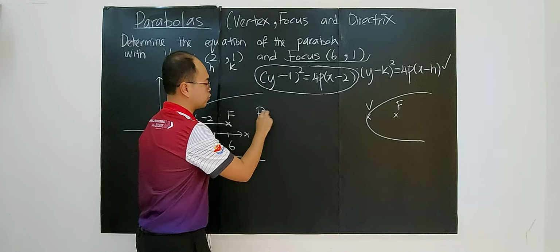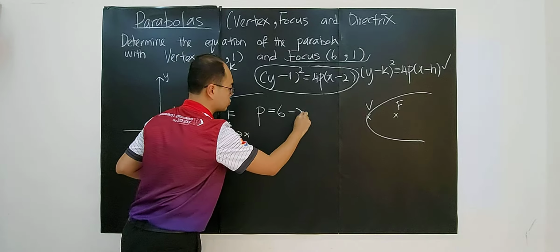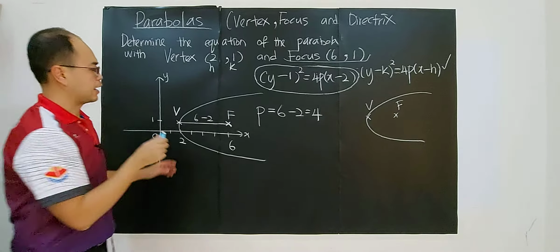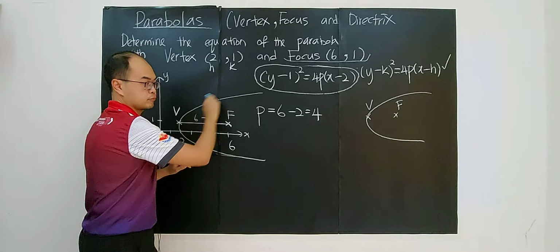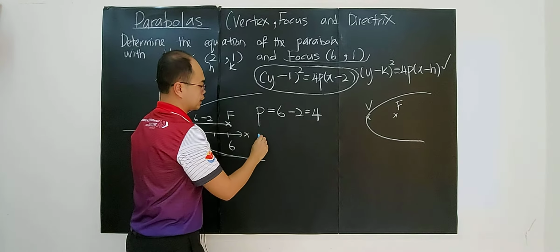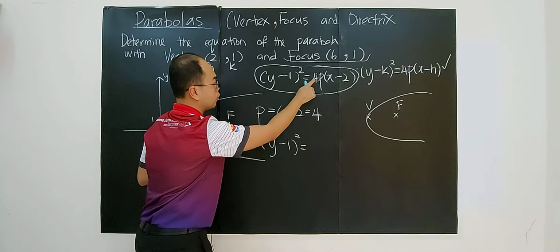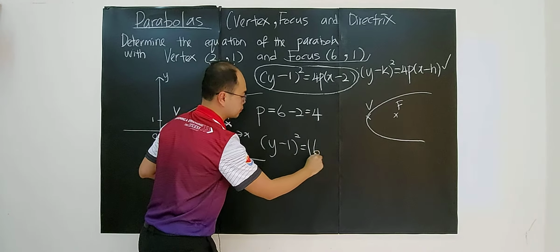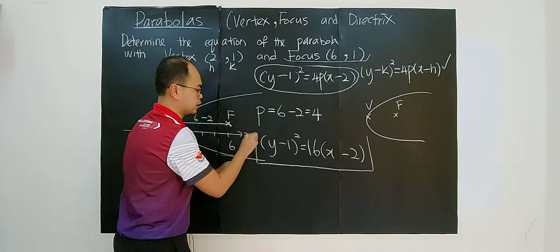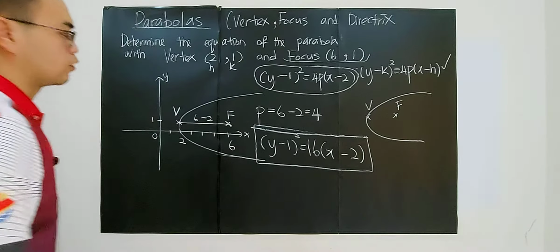It's open to the right, so it will be positive. So (y minus 1) squared equals 4 times 4, which is 16, times (x minus 2). And this will be the equation for this parabola with the given information.